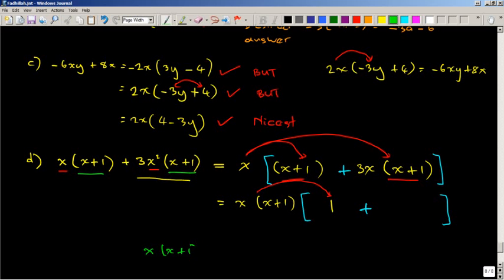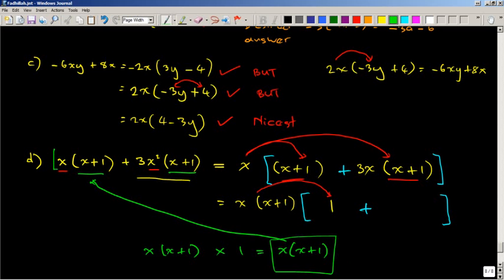X plus 1 times 1 becomes what? Anything that you multiply with 1, you get back the same answer. X plus 1. And it's still the same with the original one. Okay. X plus 1. That's why I leave 1 there. Okay.